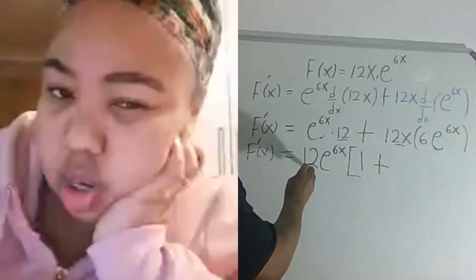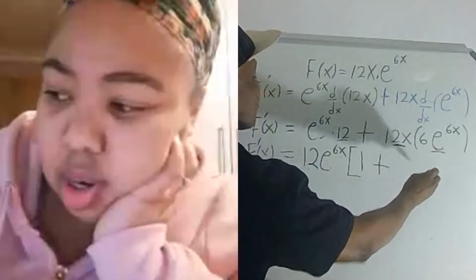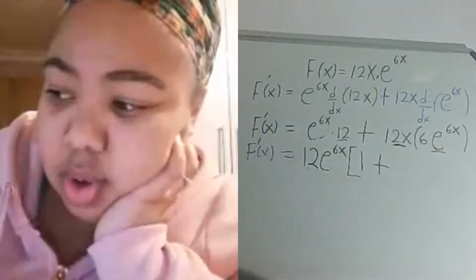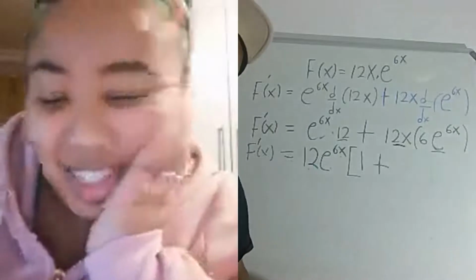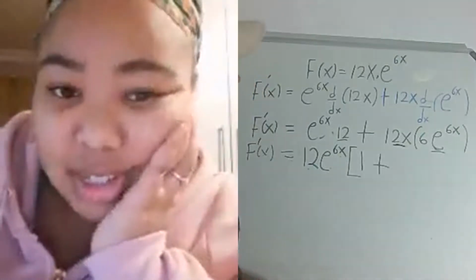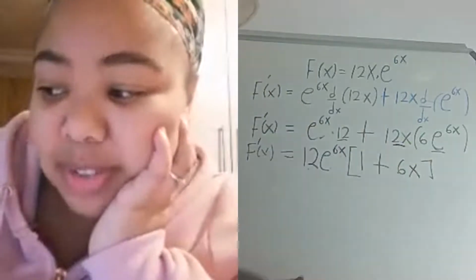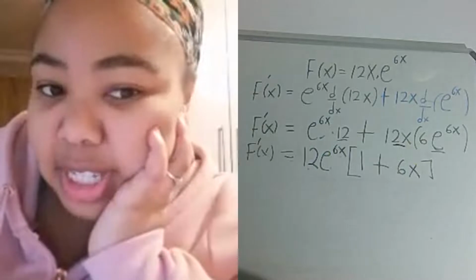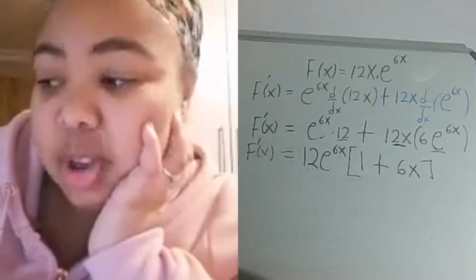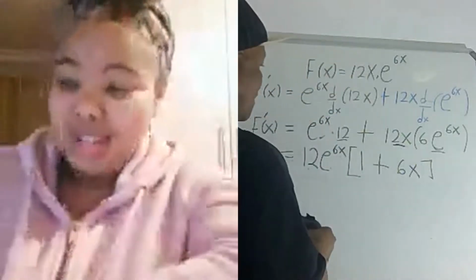If you take out 12 e^6x here, what is going to be left on the right hand side? 6x. Because the 12 is going to be divided, then you're going to be left with x, and then you remove that e^6x, you're left with 6x. Okay. Very easy. We're done with that. Okay. Go for it.